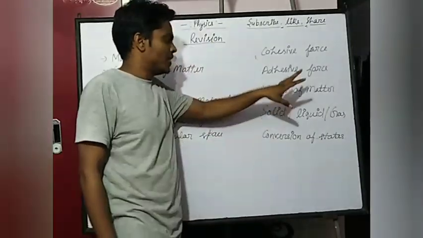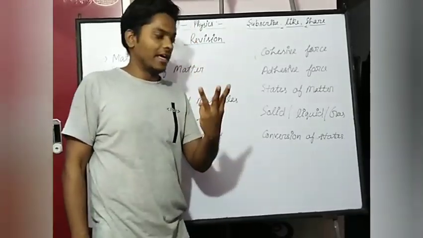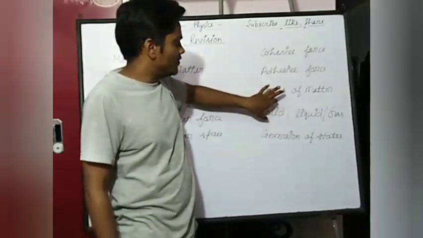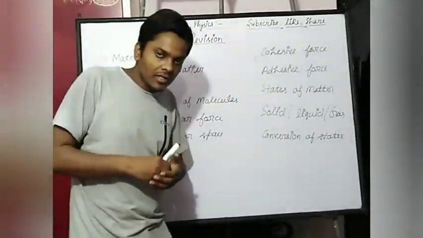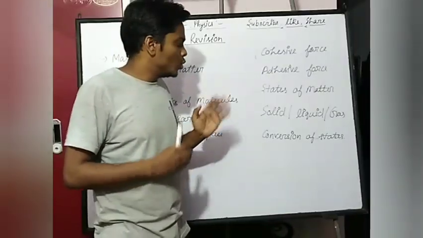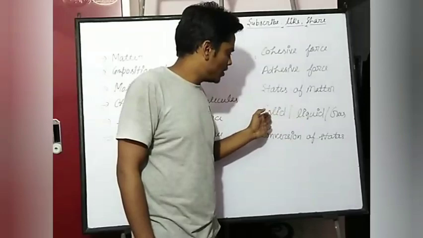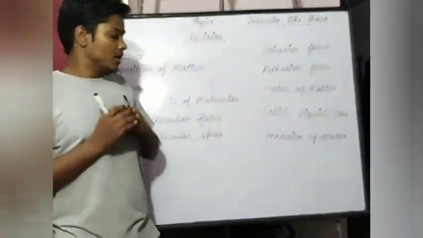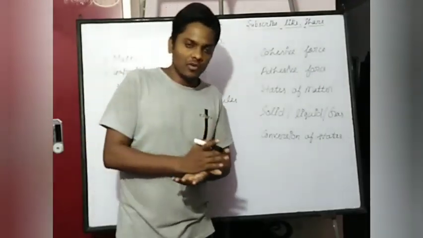Now, states of matter are classified into three states: solid, liquid and gas. We have already discussed the differences among these three. You can rewind the video and see those differences. Now the conversion of state: when solid gets converted into liquid, that is the process of melting.